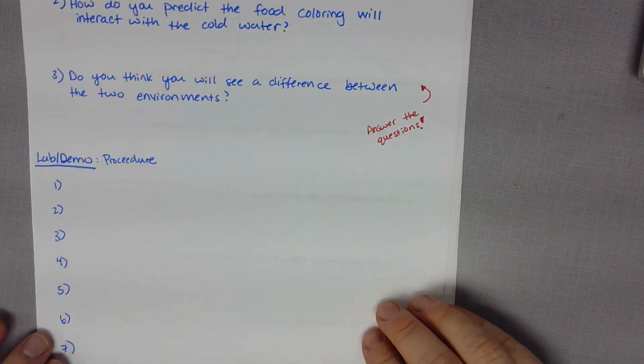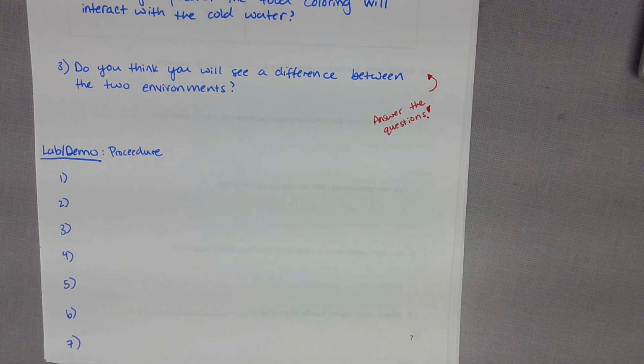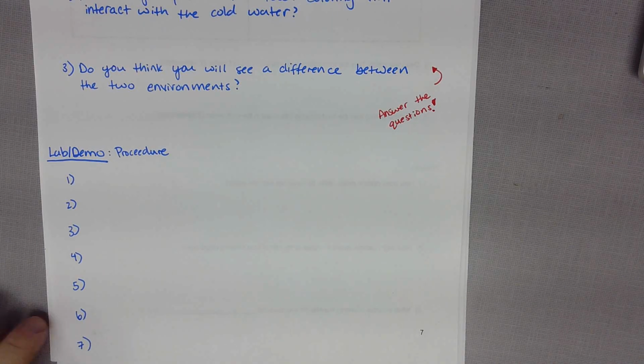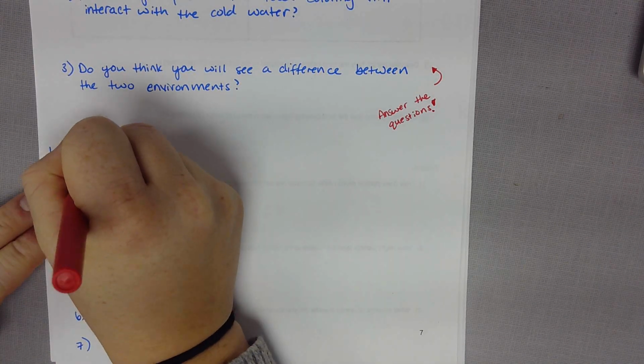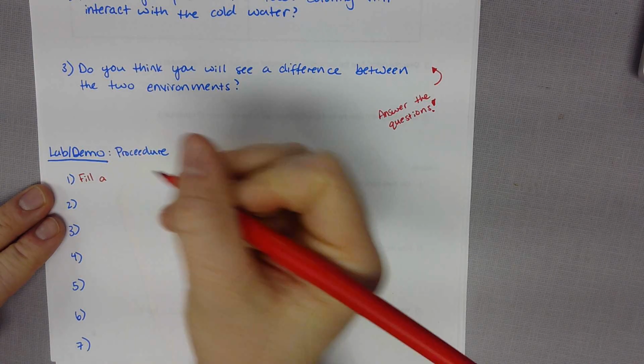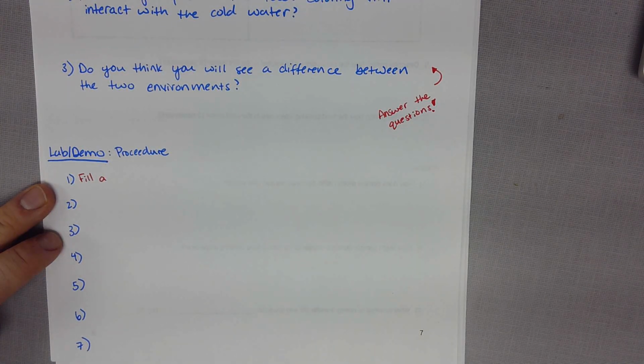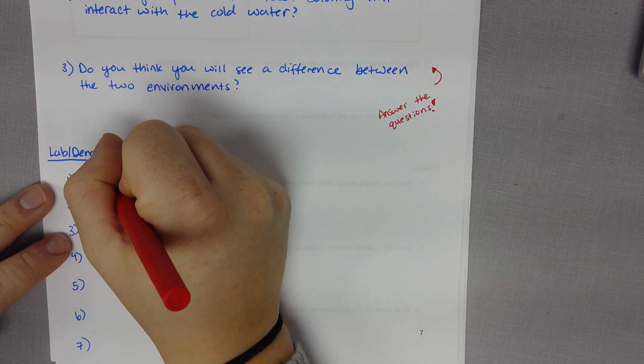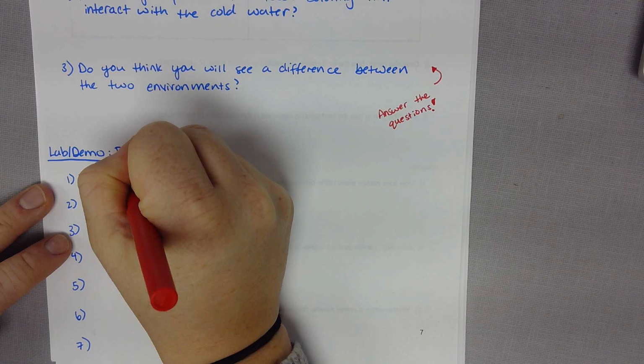Okay, so keep my paper here since I'm going to do it with you. Step 1, we need to actually set the environment. So I am going to fill, we'll just say a dish because I forgot the word.